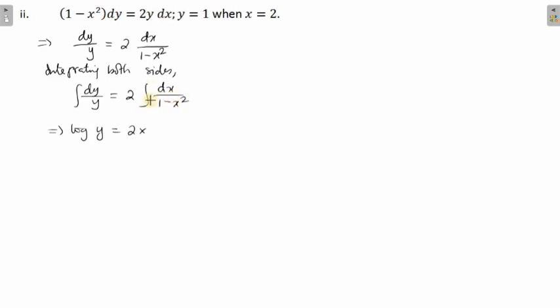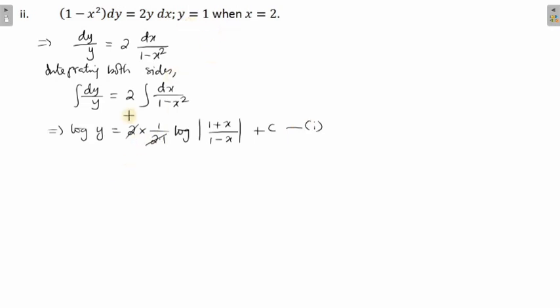This is in the form of integral dx by a square minus x square, and its value will be 1 by 2a into log of a plus x over a minus x, where a is 1 here, so 1 plus x over 1 minus x. Now put a constant of integration out here. You get that these two get cancelled, and call this equation number 1.